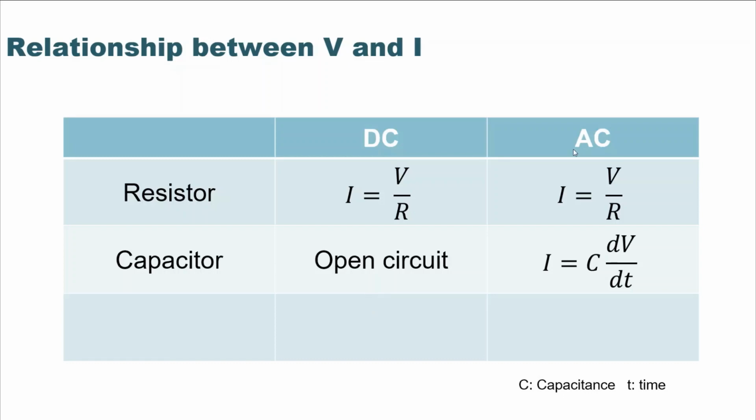But under an AC circuit, the voltage and current follow this equation, where current is equal to C, which is capacitance, times a derivative, dV over dt.